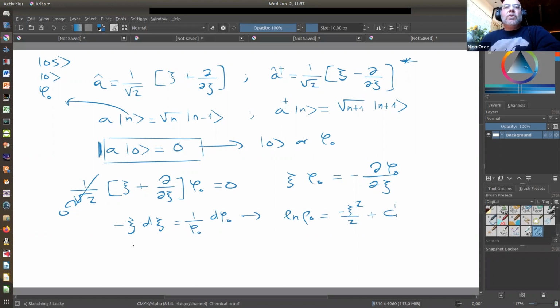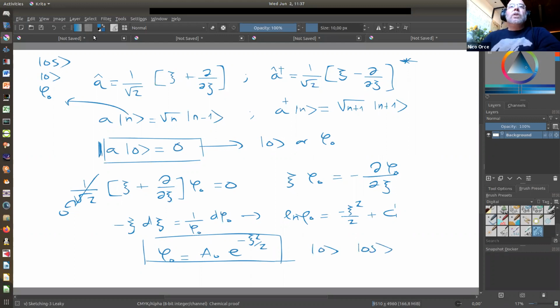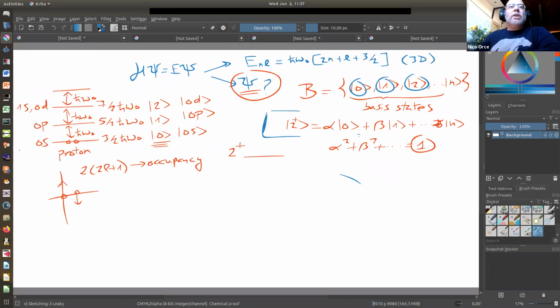So this is our wave function; now we can apply the exponential, and it is given by a constant times e to the minus psi square over 2. This basically is our first wave function, which we call 0, or 0s in the harmonic oscillator that we saw here.